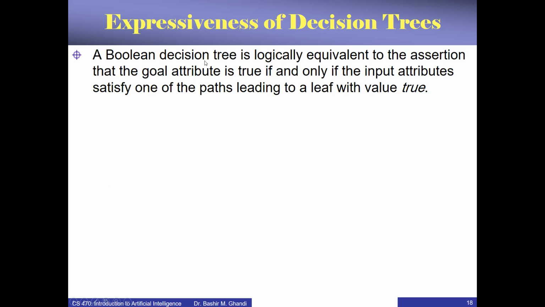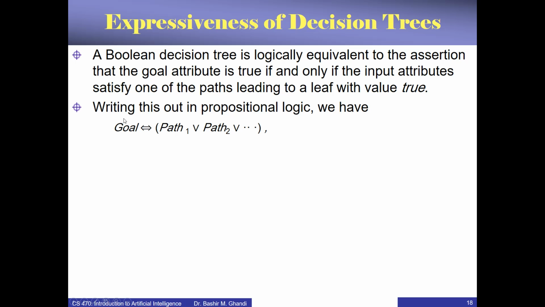A Boolean decision tree is logically equivalent to the assertion that the goal attribute is true if and only if the input attributes satisfy one of the paths leading to a leaf node with a value true. So writing this out in propositional logic, we have the goal is true if and only if path 1 or path 2 or and so on will lead you to true.